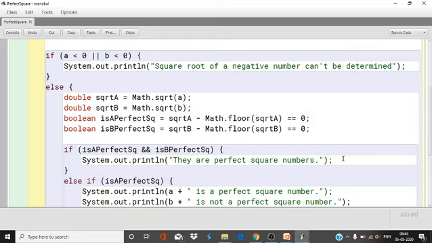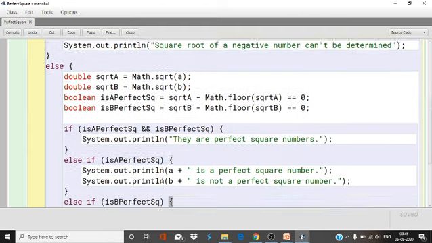So I have checked a and b. When the value of this and this are equal and the result is 0, both are true. If both are true, then they are perfect squares.